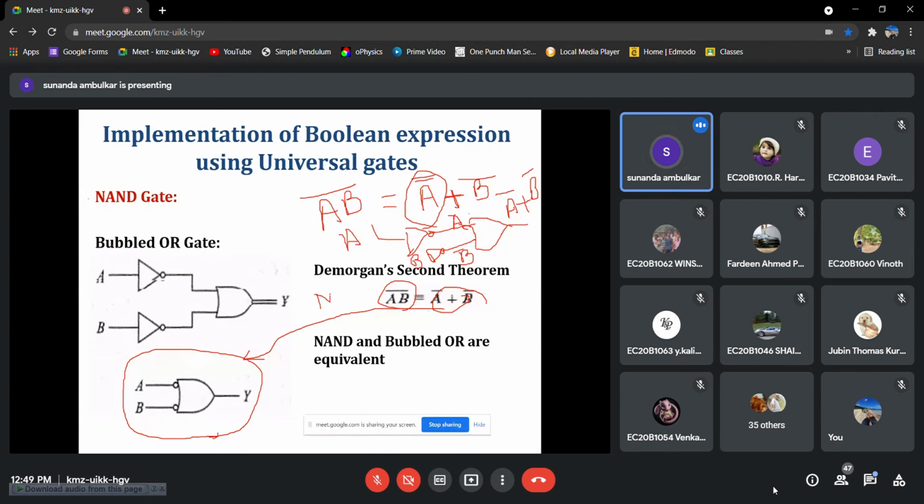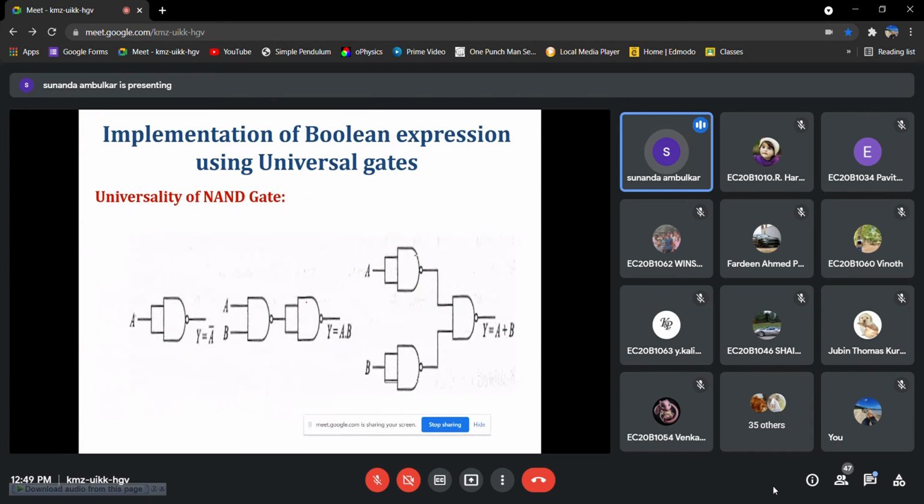So this is the simple equivalency of NAND and NOR. This is bubbled OR. How can we implement the basic logic gates with the use of a NAND gate?